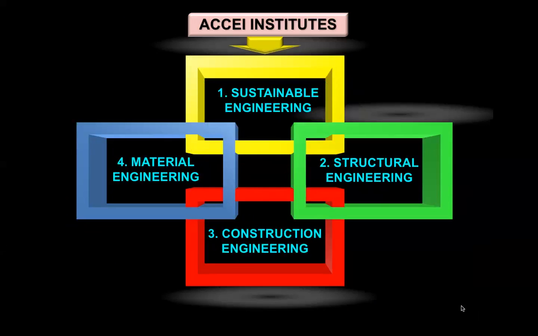These are the four verticals under the ACCI institutes. Number one is sustainable engineering, about which we are talking now. The second vertical is structural engineering, the third is construction engineering, and the fourth is material engineering. Today we have taken up the first vertical, sustainable engineering.